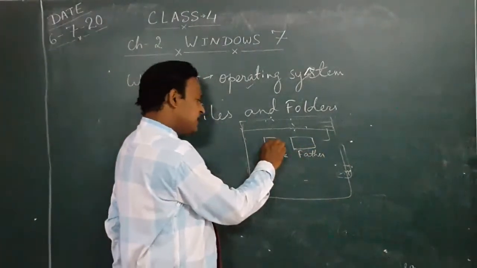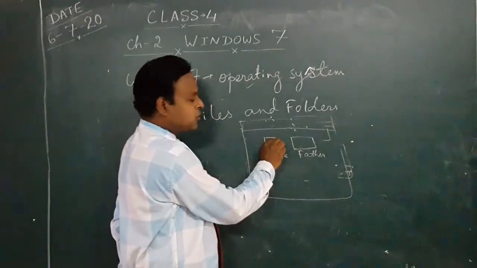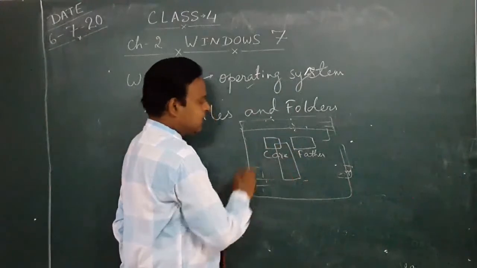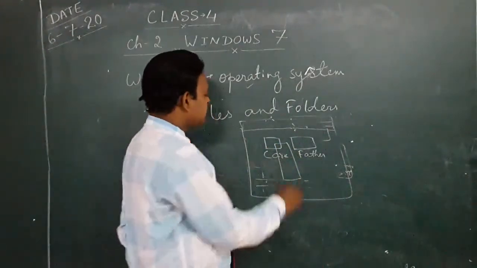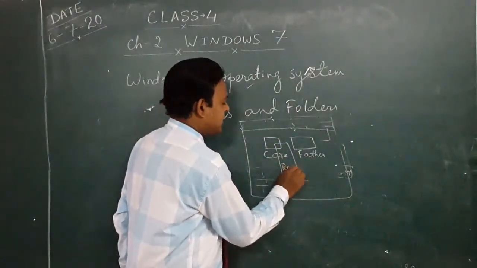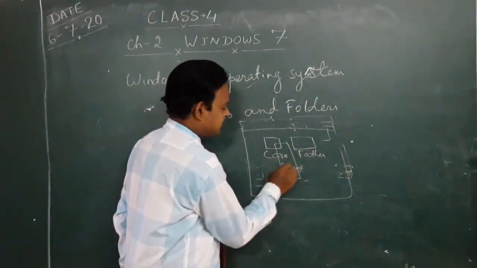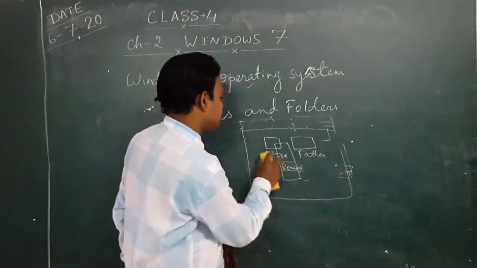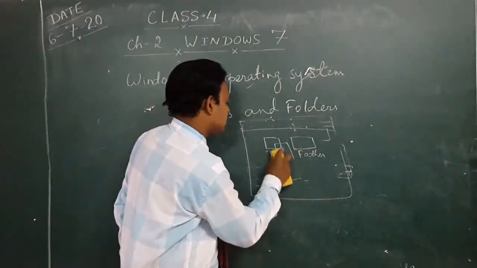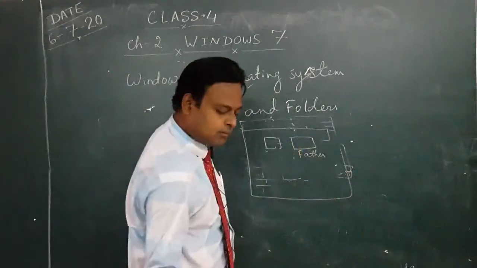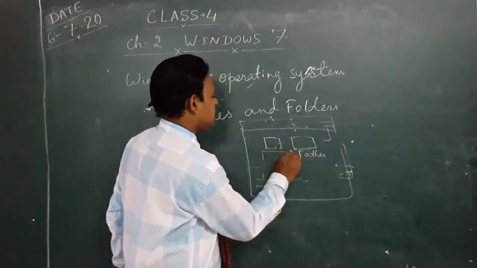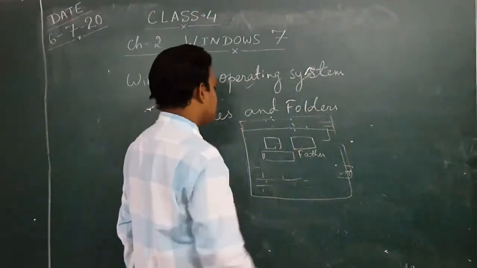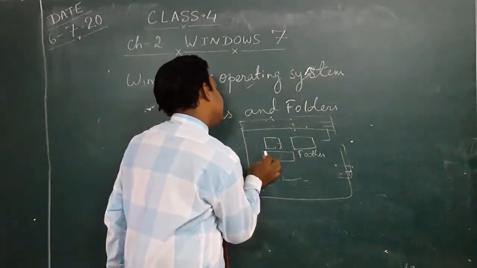Suppose I want to change the name. I'll bring my mouse pointer here. I'll do the right click. One menu box will open. From here you have to select rename option. When you click rename option, here you can click directly with the mouse or it will be highlighted like this.